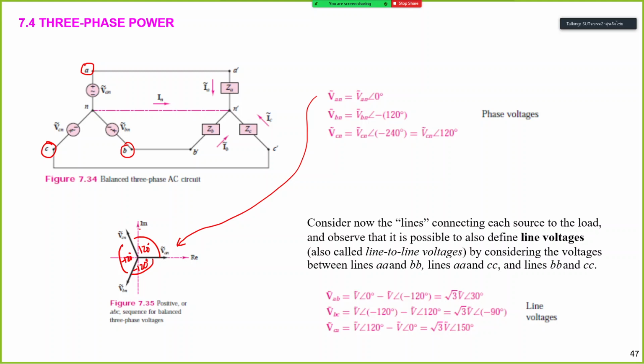So how do we calculate the three-phase circuit? Usually we solve it by using per phase analysis. We can use one phase like this. We call this per phase analysis.